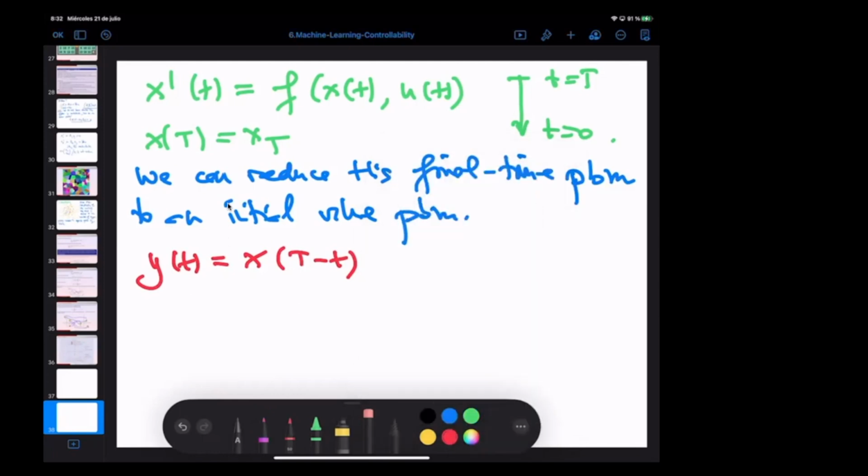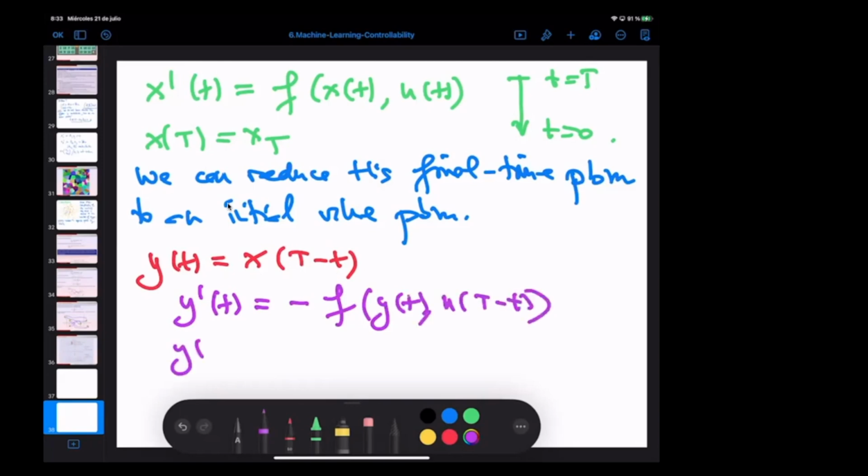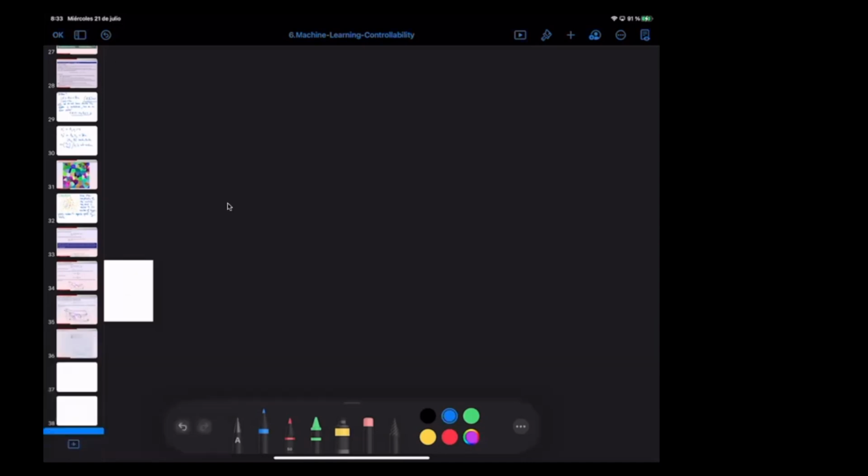It is y prime of t equal to minus f of y(t), u(T minus t), and y(0) equal to x(T). But if f is globally Lipschitz, minus f is globally Lipschitz, and then you can apply the same Cauchy-Lipschitz result.